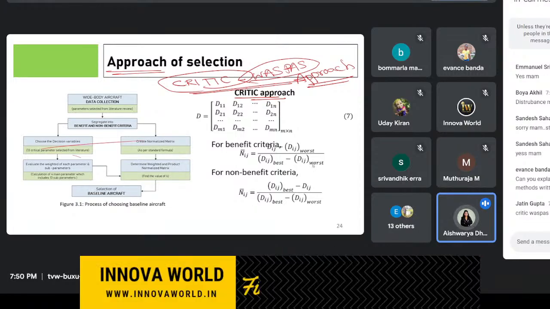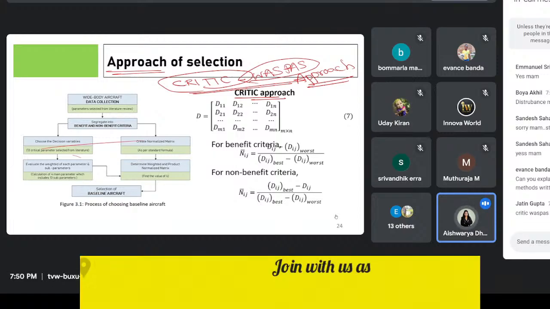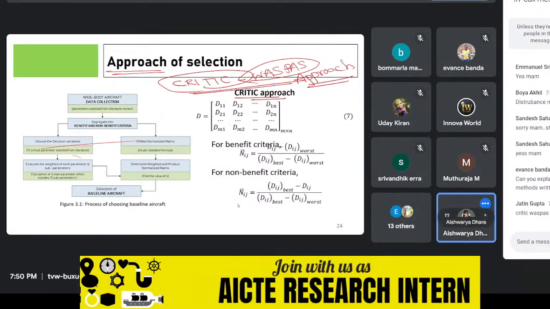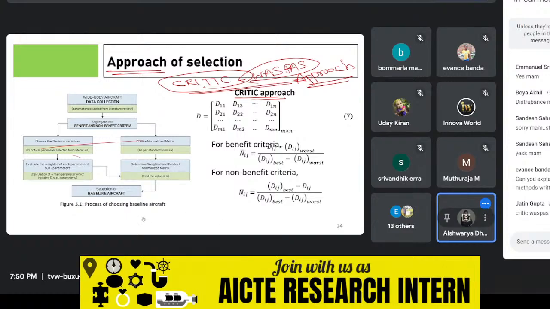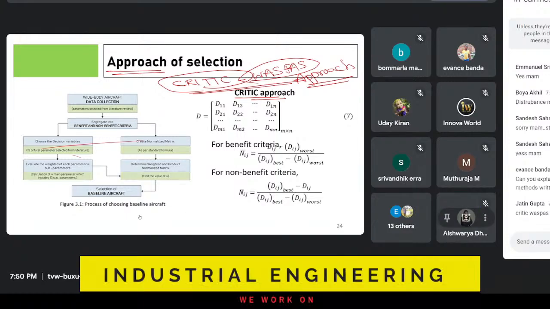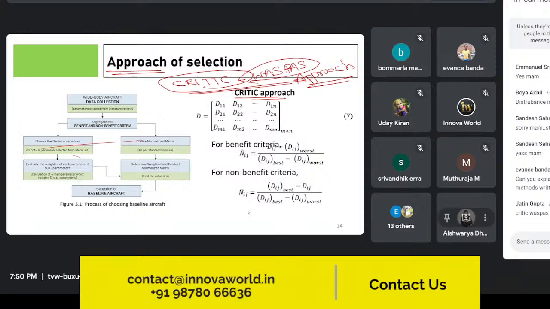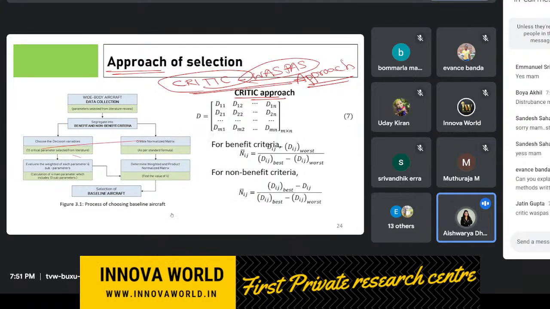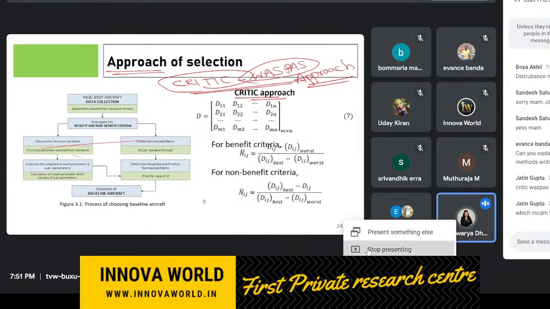So till now, if you have any question, please unmute and ask, or you can write in the chat box. Till now, if you have any confusion, please write in the chat box. Alright, meanwhile, I will show you another slide.